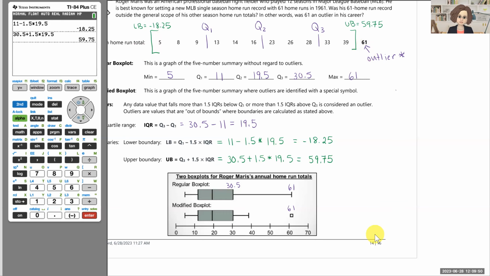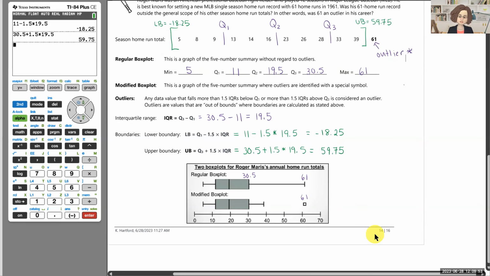So the only last thing that we have to think about now is what are we going to do with the whiskers when we do a modified box plot? So we've decided that 61 was an outlier. So if we use a special symbol for that and we want to continue graphing our data, we need to talk about our whisker. So it's not going to go to 61. That one is sort of removed from possibilities. So his next highest home run total was 39. So that's going to be our new whisker.